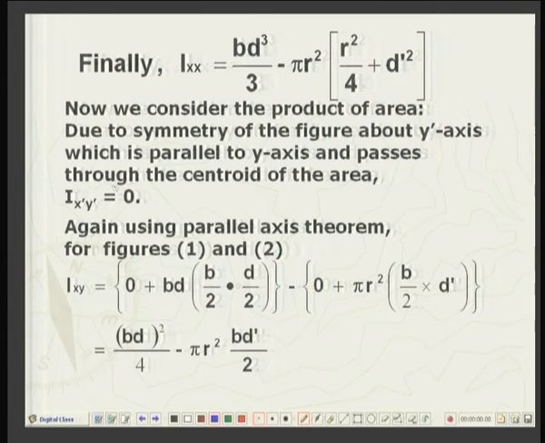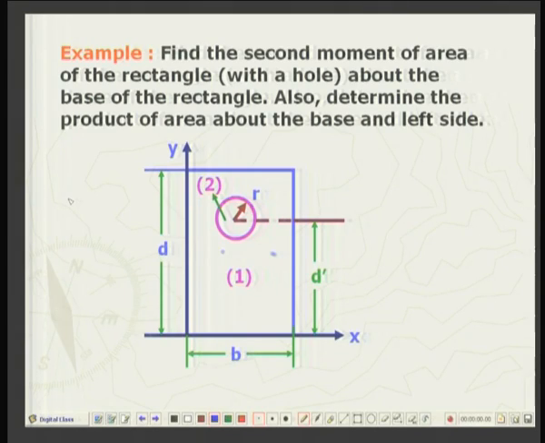And to find out the I xy, the product of area, you can again use the symmetry of the problem. So, about the new coordinates, you can easily see this axis is the axis of symmetry for the net figure. Alright. So, about this axis of symmetry, the product of area is 0, we have already shown, and then I have to transfer this to this y axis by parallel axis theorem, because the centroid of the net figure will lie on this axis of symmetry.